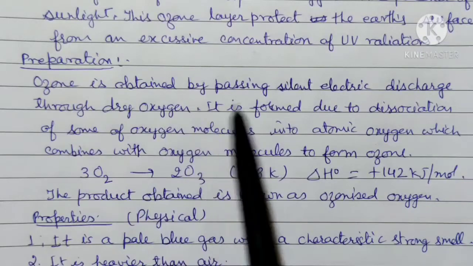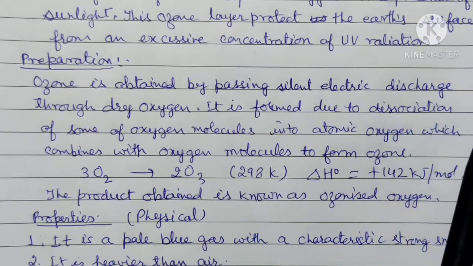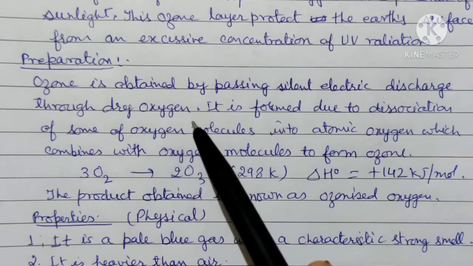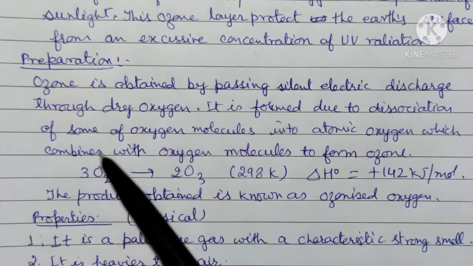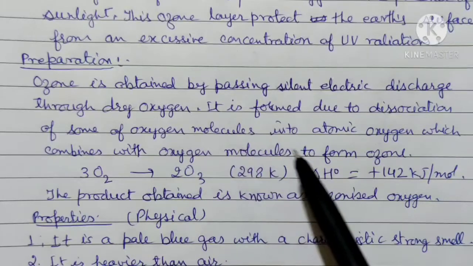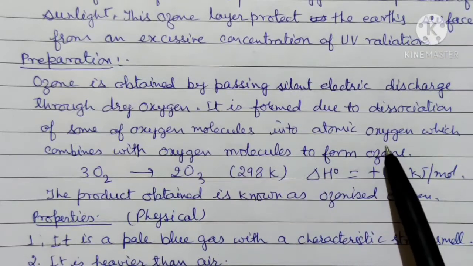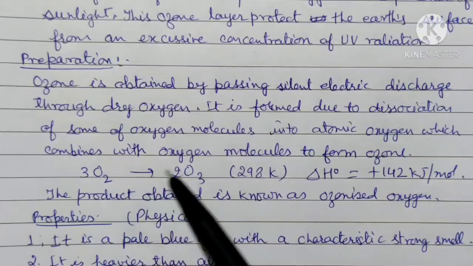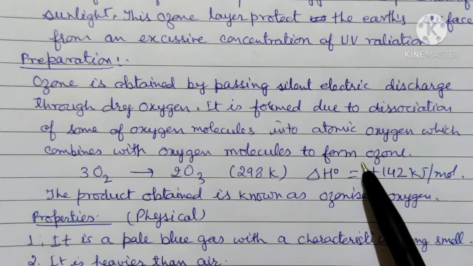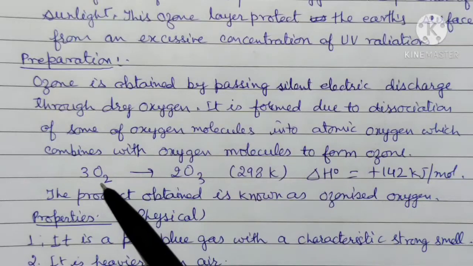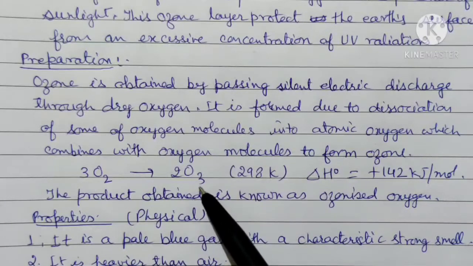Now we will study the preparation of ozone. Ozone is obtained by passing silent electric discharge through dry oxygen. It is formed due to the dissociation of some oxygen molecules into atomic oxygen, which combines with oxygen molecules to form ozone. Ozone is prepared from oxygen, converted as 3O2 to 2O3.